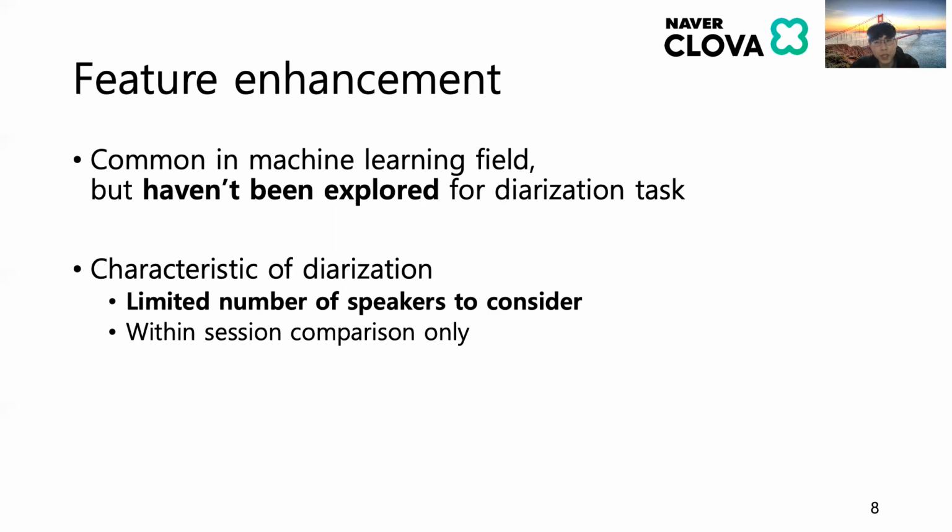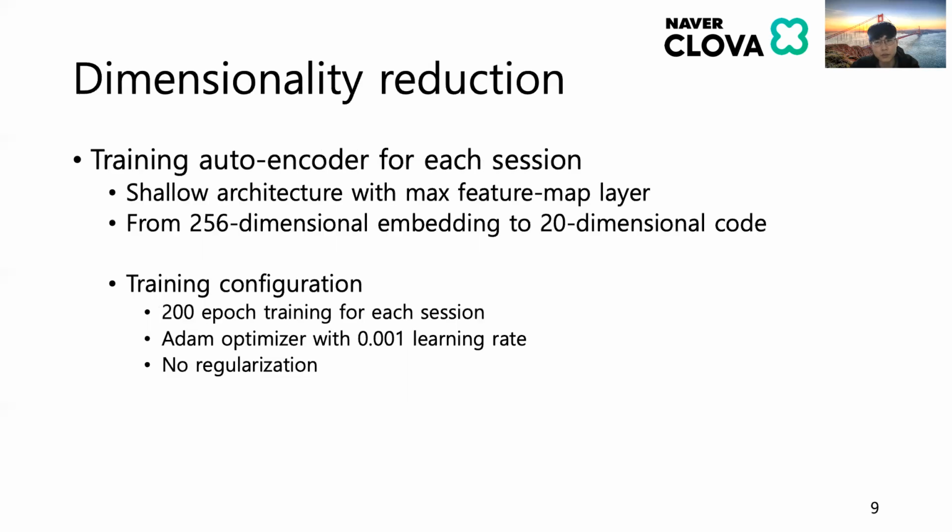Thus, we assume that speaker embedding should be projected to a new representation space that shows discrimination of a small number of within-session speakers. To achieve this goal, we first reduce the dimensionality of speaker embedding using an autoencoder that is trained for each session. The autoencoder is composed of two layers, one for the encoder and the other for the decoder.